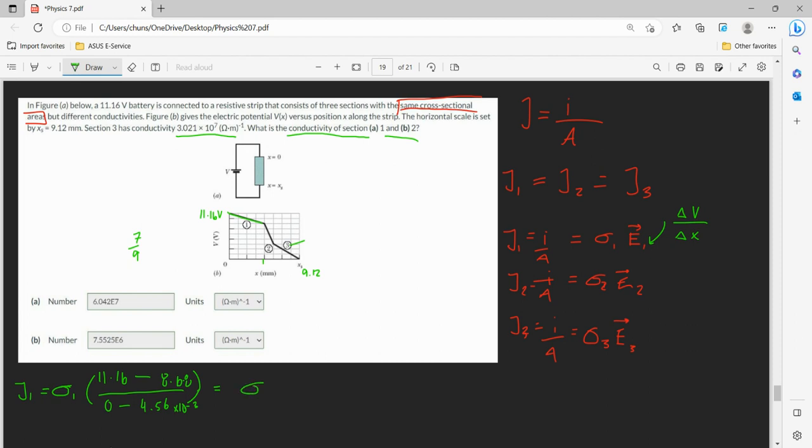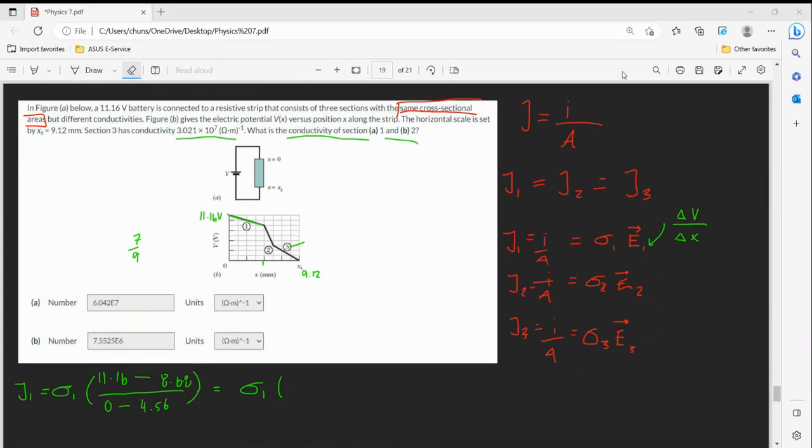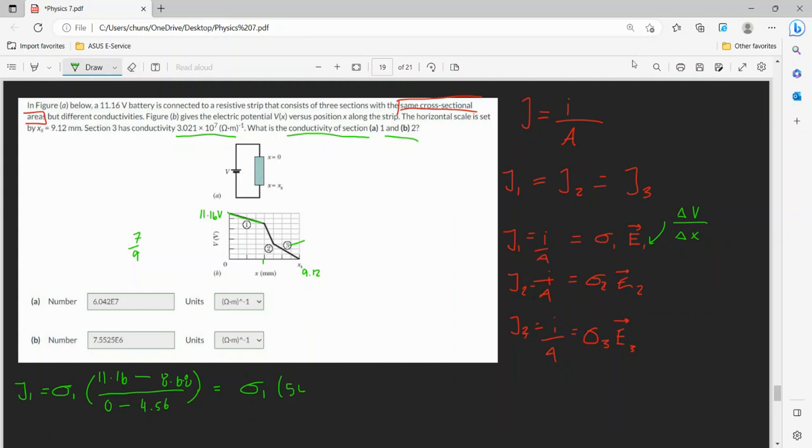And this gives us 11.16 minus 8.68 divided by negative 4.56 times 10 to the negative 3. Hold on. This is 543.859. Okay, so that is our first slope.